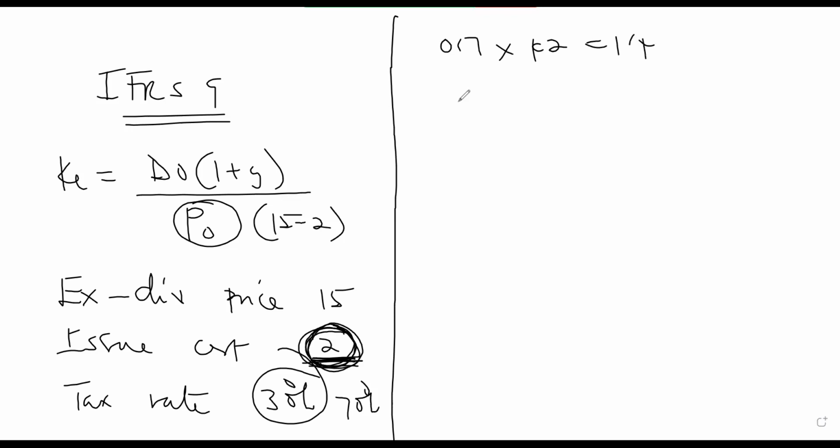So if you are calculating your cost of equity, let's assume that the dividend is 0.5 into bracket 1 plus 0.1. These are assumed figures. Your P0 will be 15 minus 1.4. Okay, that's how we go about it. So the issue cost should be treated as a normal transaction cost under IFRS 9. It should be subtracted from the cost.